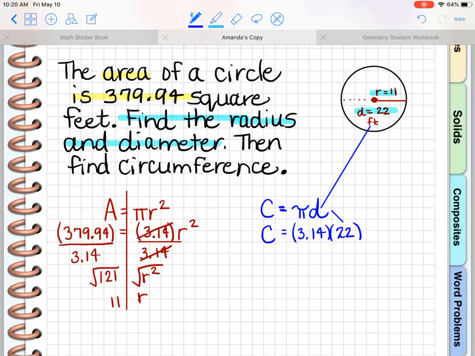So it must be the 22. Okay, so let's do C on the calculator. 3.14 times 22 is 69.08 feet around this circle.